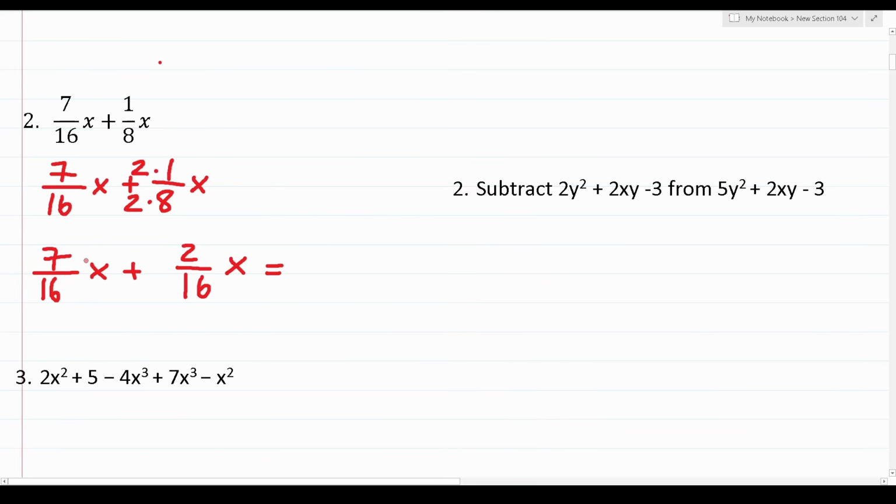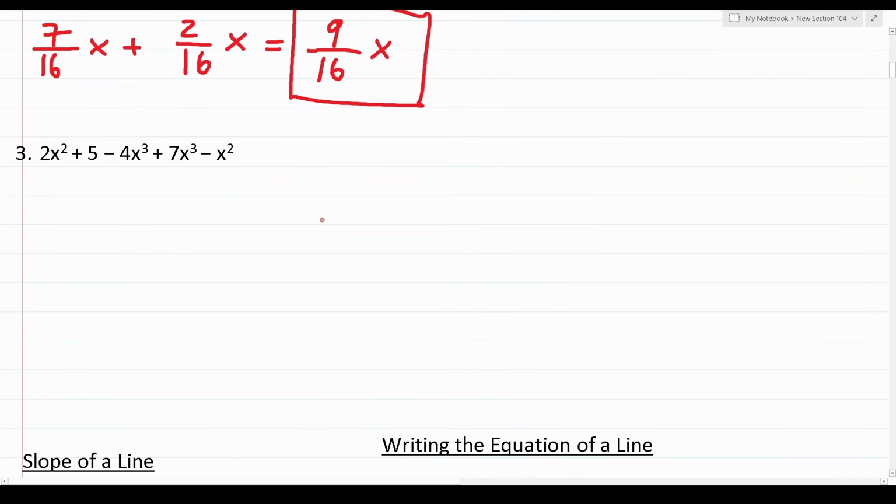So this becomes 7 over 16x plus 2 over 16x, which is 9 over 16x. All right, so when we combine the like terms, 7 over 16x plus 1 over 8x, our result is 9 over 16x.